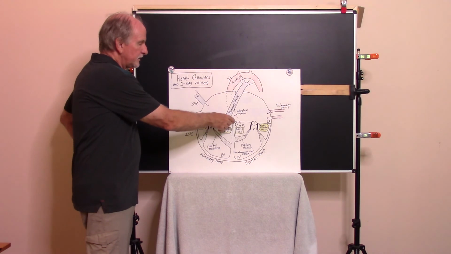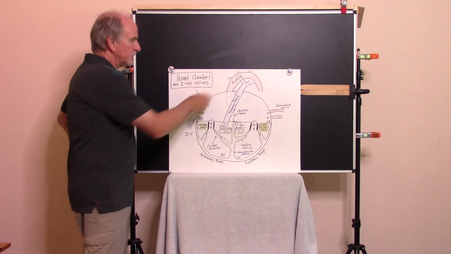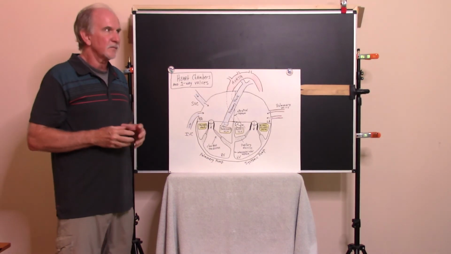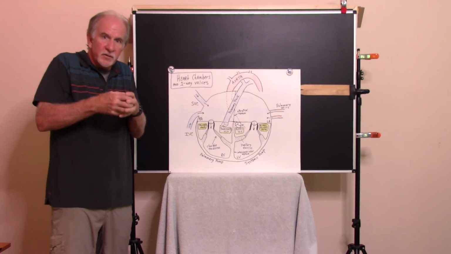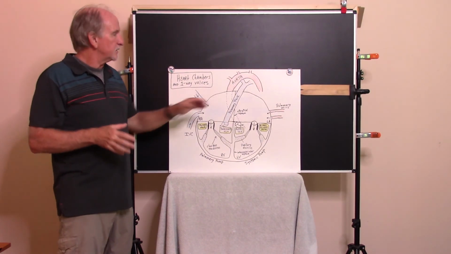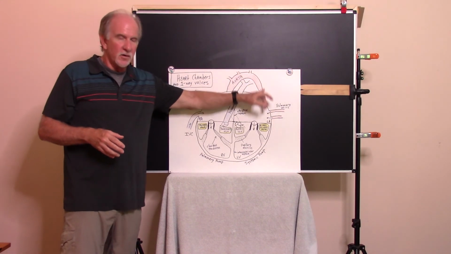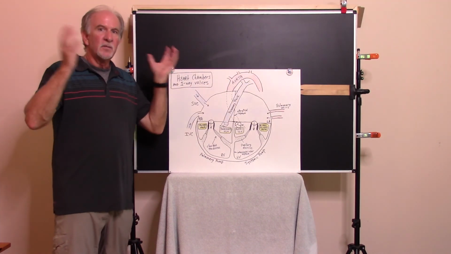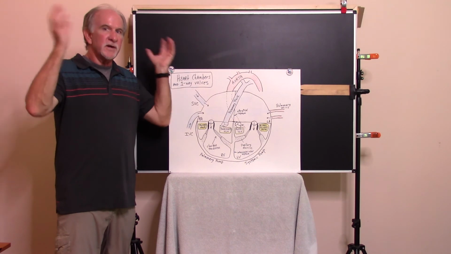The reason I've drawn dashed lines here is the aorta actually goes through the middle of the heart, so you can't see it from the outside of the heart. We don't see it until it emerges from the top of the heart and then arches over with arteries branching off it.